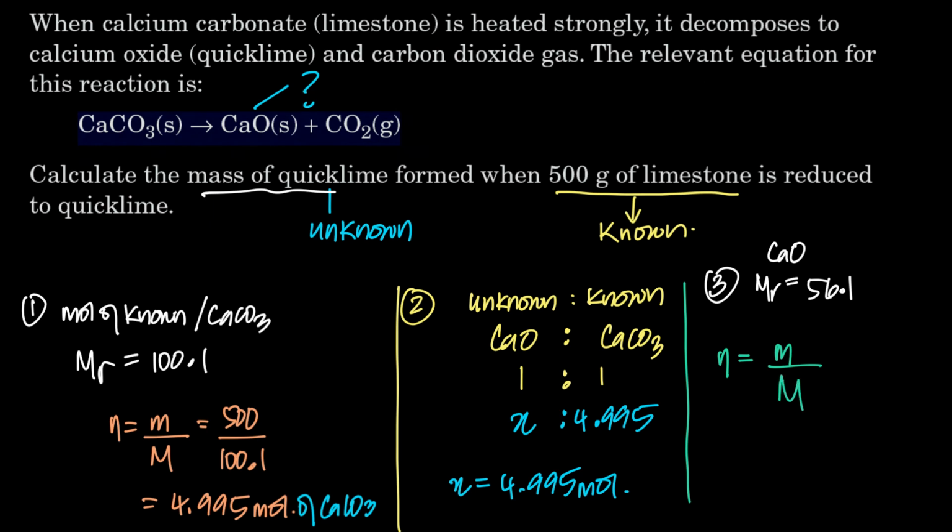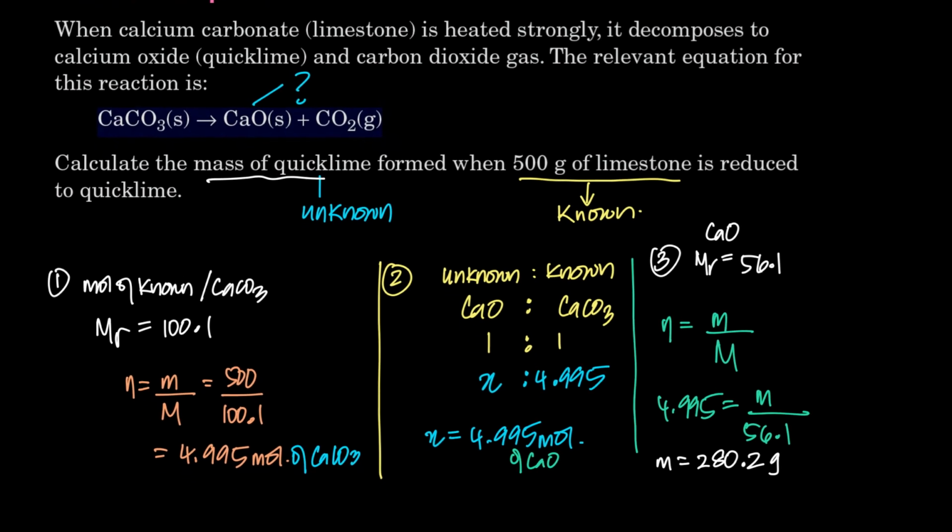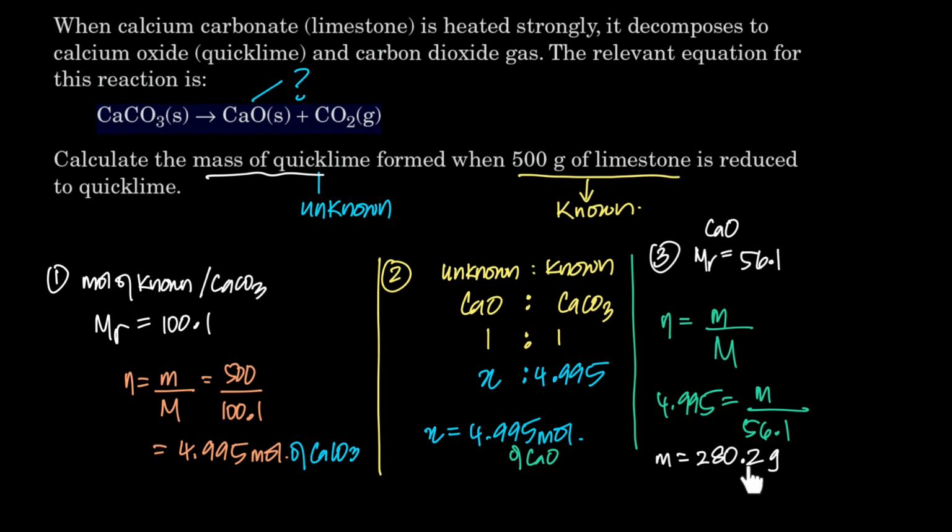To solve this, the number of moles of calcium oxide I got from the previous step is 4.995. The mass I have to find out, the molar mass is 56.1, and here the value for M comes out to about 280.2 grams, which by the way is your mass of quicklime that 500 grams of limestone will give you.